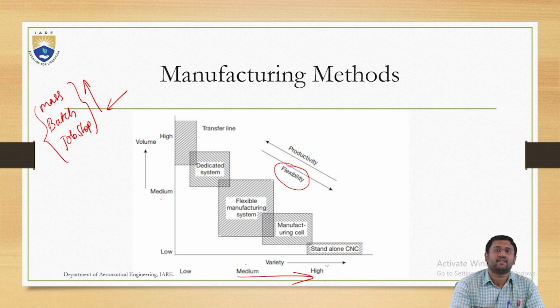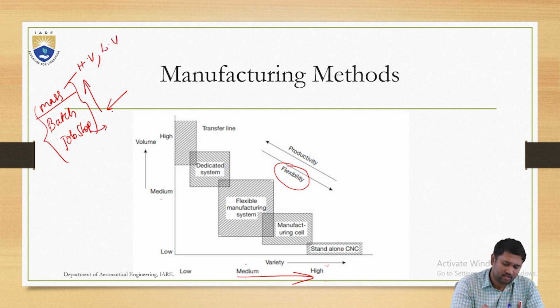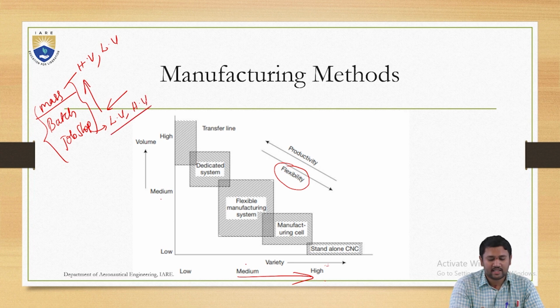In your mass manufacturing methods, you'll have high volumes and low varieties. In your job shop production, you'll have low volumes and high variety. So this case is basically for an increase in productivity.